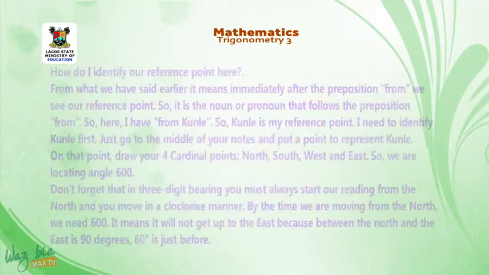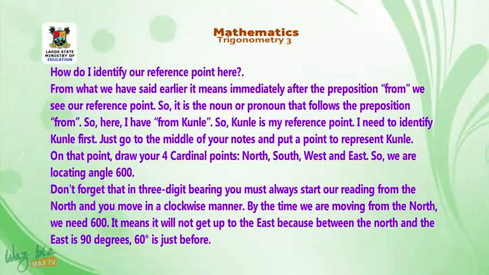Now the next thing is, how do I identify our reference point here? From what we have said earlier, immediately after the preposition from, we see our reference point. So it is the noun or pronoun that follows the preposition from. So here I have from Kunle.